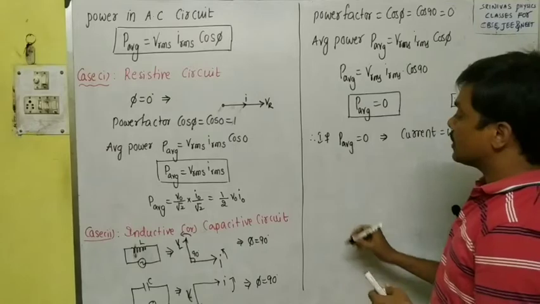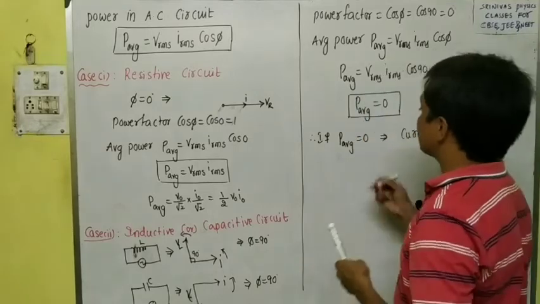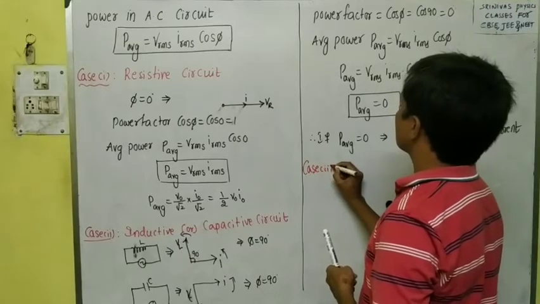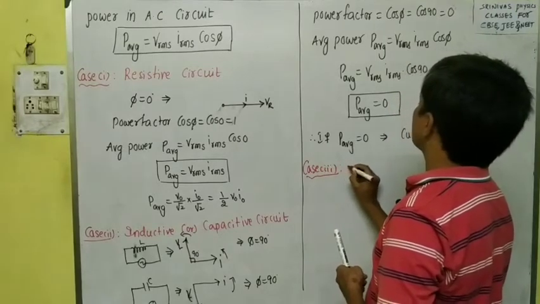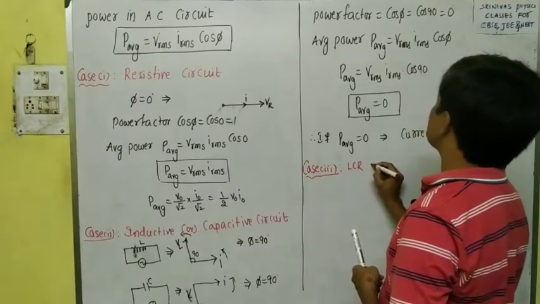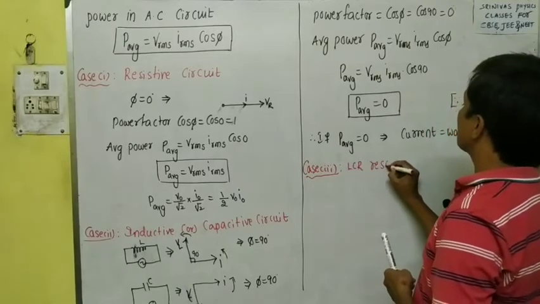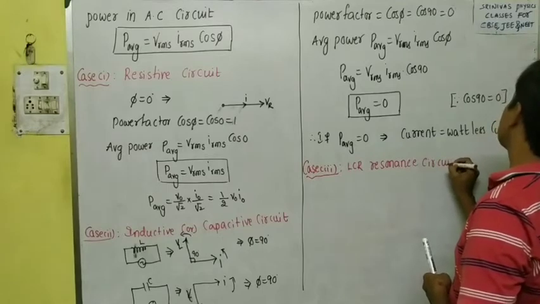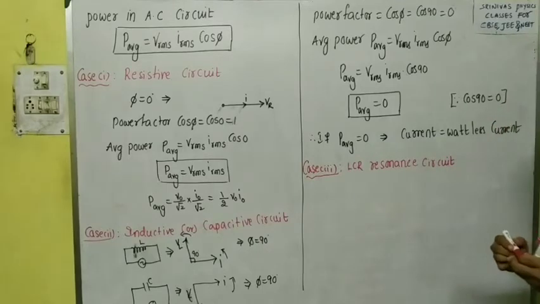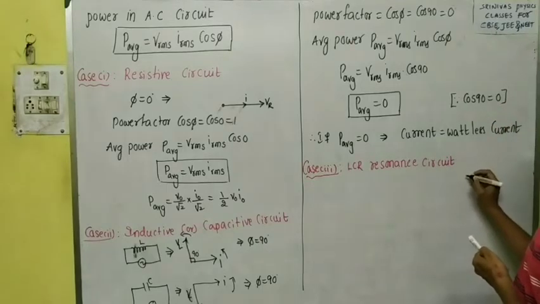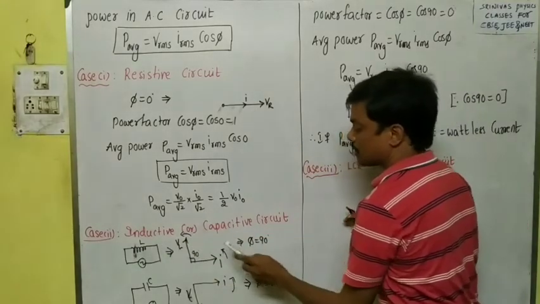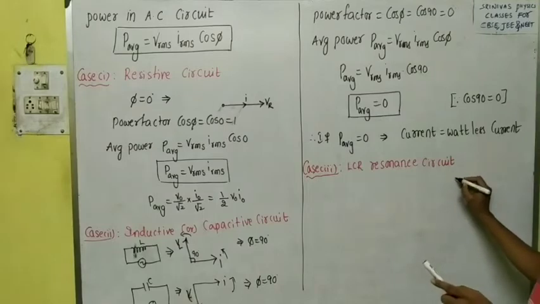Okay, and next, let us see case 3: the LCR resonance circuit. In an LCR circuit, if you draw the diagram, there is a resistor, an inductor and a capacitor, all three are there.